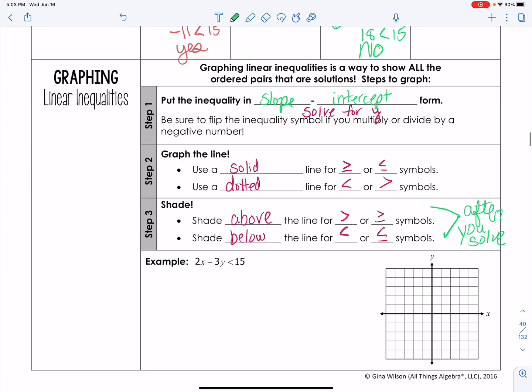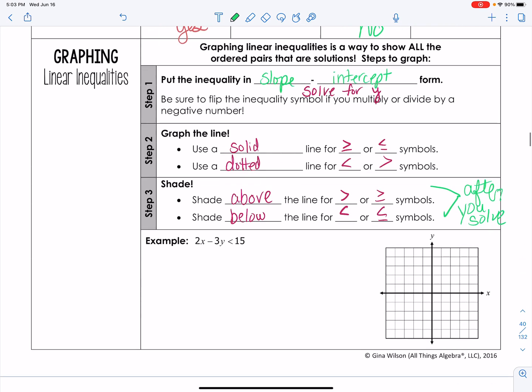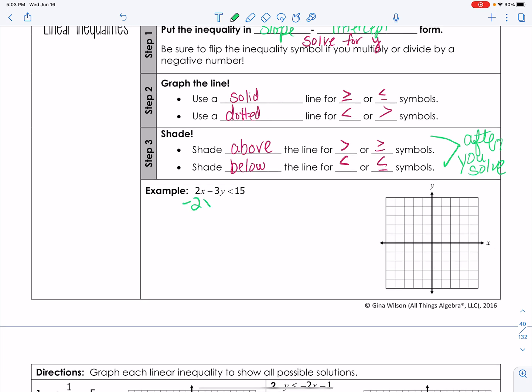Okay, so you can't tell, if I look at this first example, you can't tell from the way that it's written. Okay, you have to do it from where you solve. So if I were to solve this one, I would minus 2x and minus 2x, and I get a negative 3y is less than 15 minus 2x. Now I'm going to divide everything by a negative 3, which actually flips my sign.